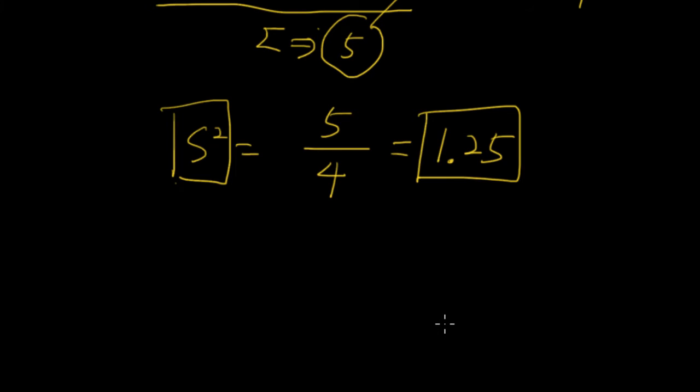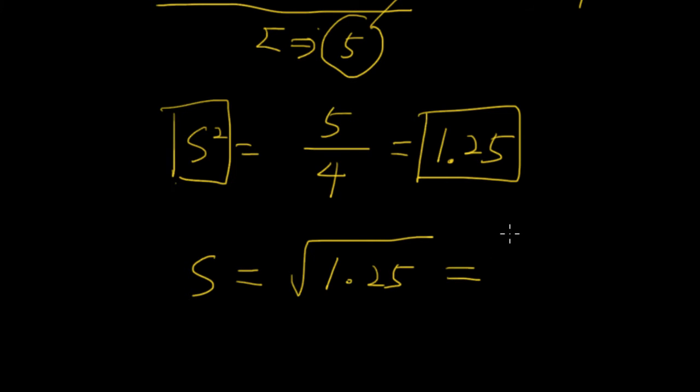Now, once you find the variance, how do you find the square root? Well, the s, which is the standard deviation, is going to be square root of 1.25. If you put it in your calculator, it'll probably give you 1.118.